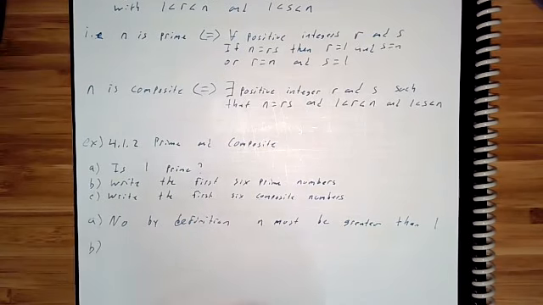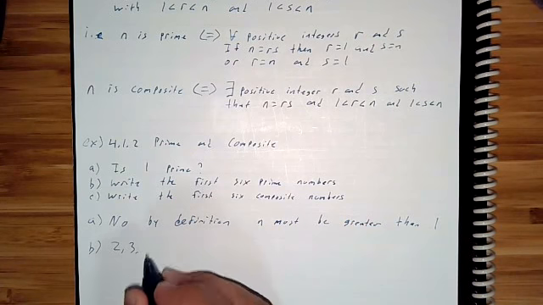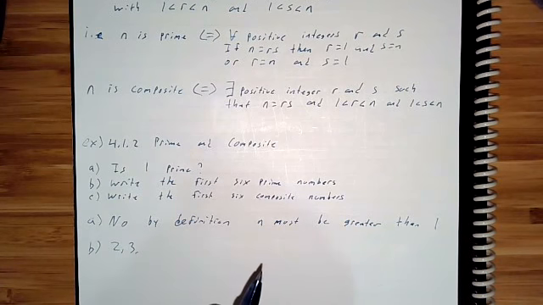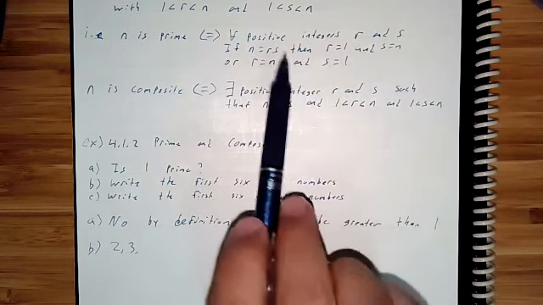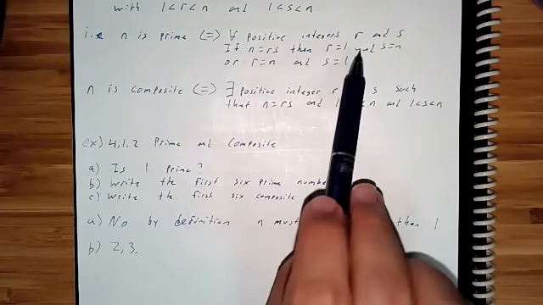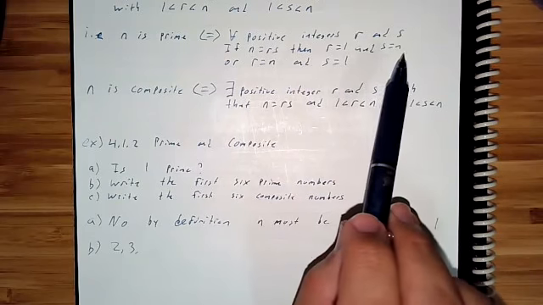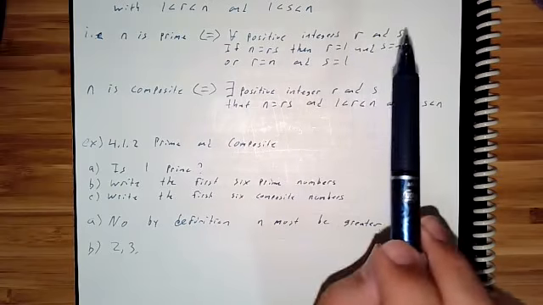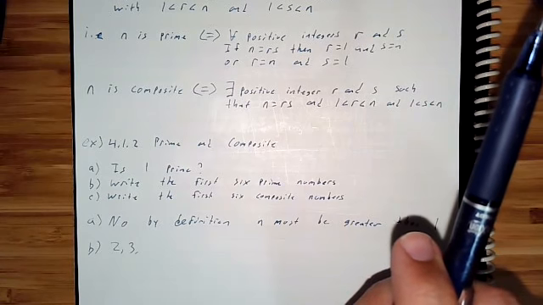B is basically to find the first 6 prime numbers. So 2, 3, and anything that can't be written as a product that way, for all positive integers r and s, if n equals rs, then r equals 1 or s equals 1. An easy way to think about this, if prime is confusing in this definition, is that a prime number can only be written as itself times 1.